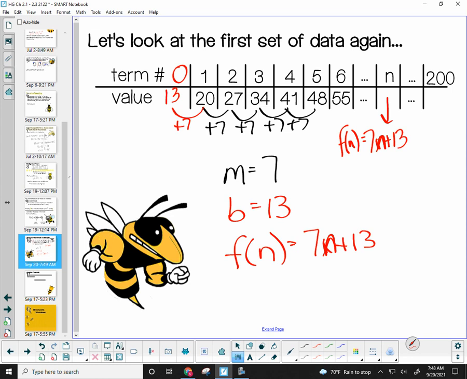Now I can find the 200th term. Now I can find f of 200. So I can take 7 times 200 and then add 13.